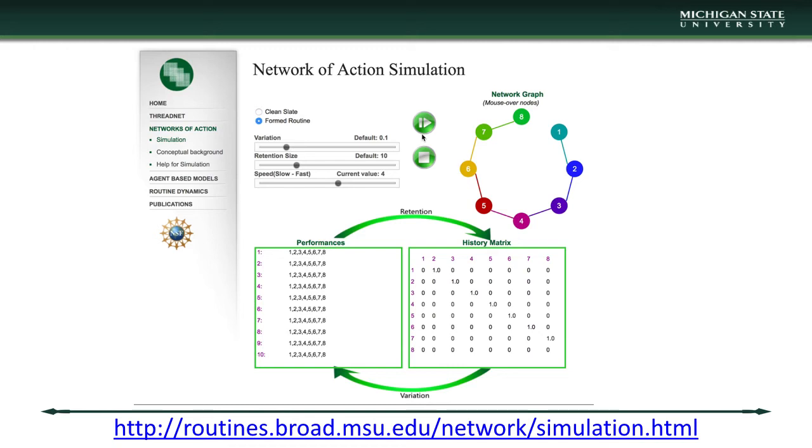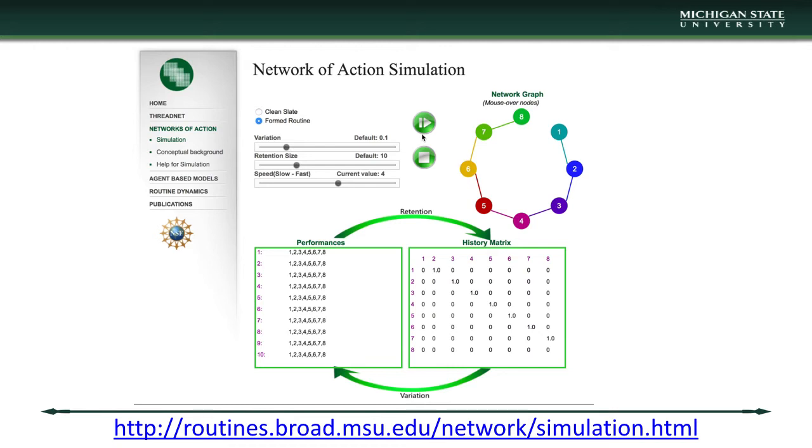Before I run it, I just want to call your attention to something. Up in the upper right-hand side where it says network graph, you see a sequence of nodes, and you can go around the clock there, 1, 2, 3, 4, 5. What that's showing is that we're going to start with a routine that's just a straight shot, always the same.